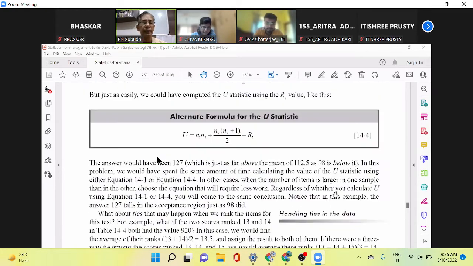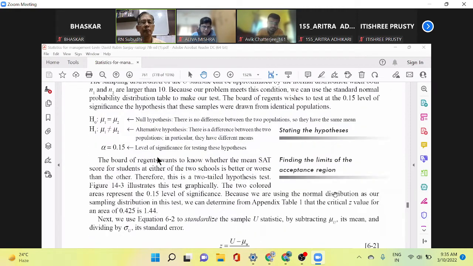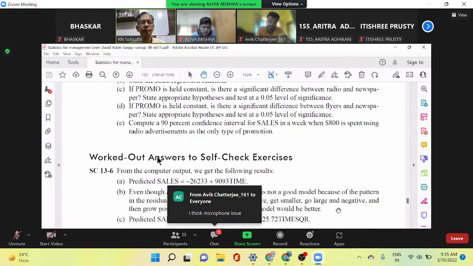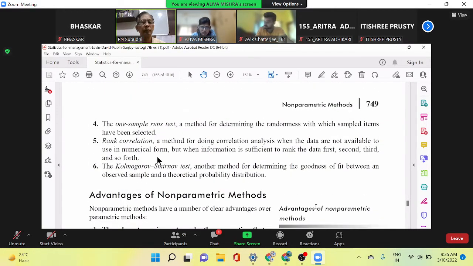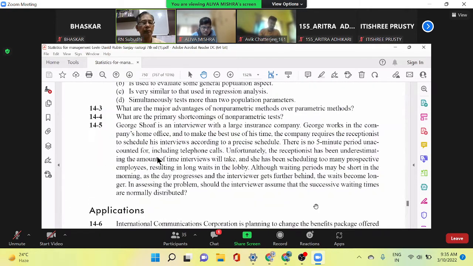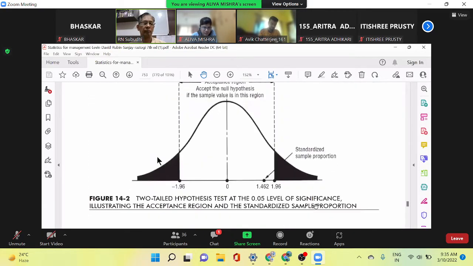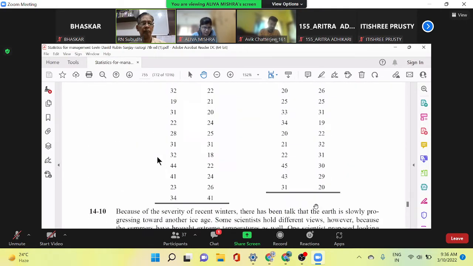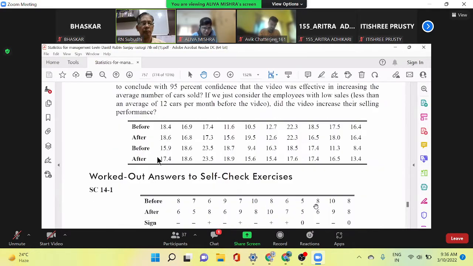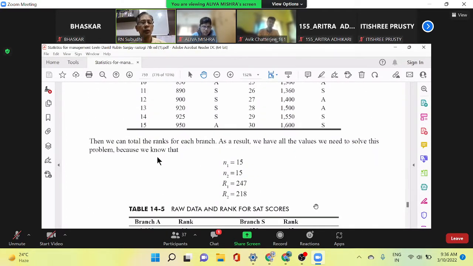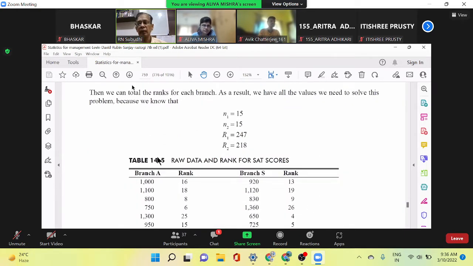Run test definition. Can anybody help Aliva and all of us find where the word run is defined?